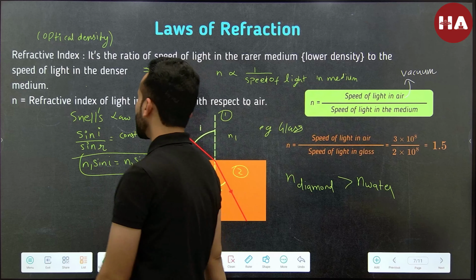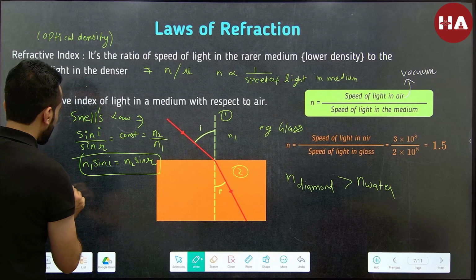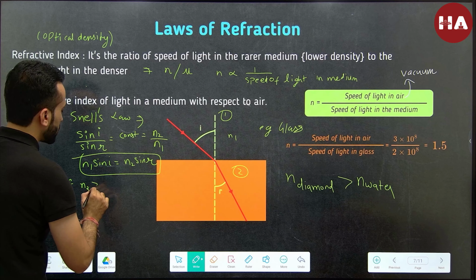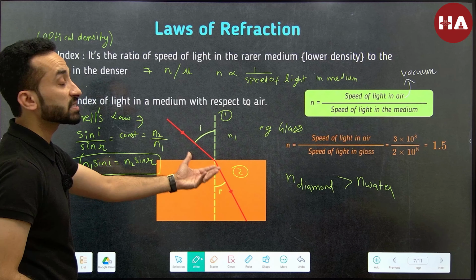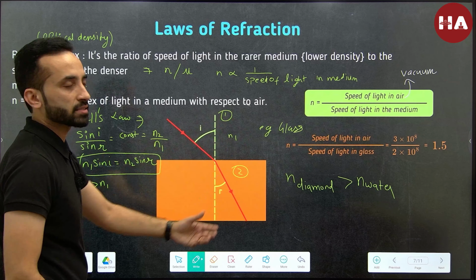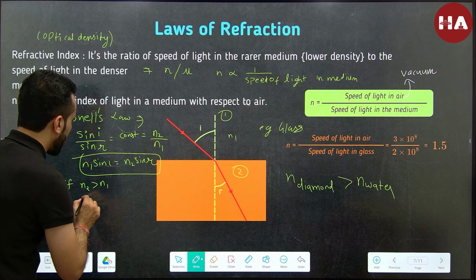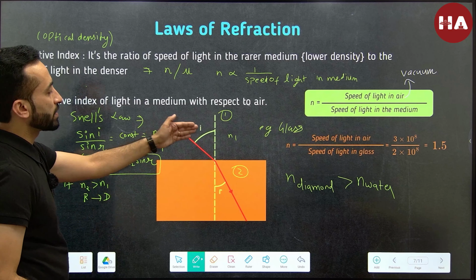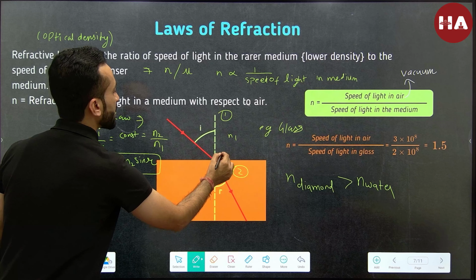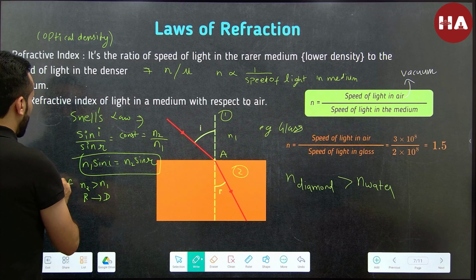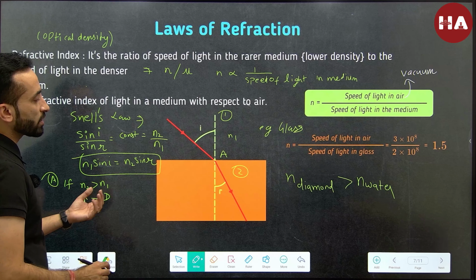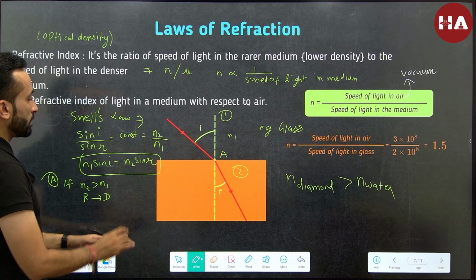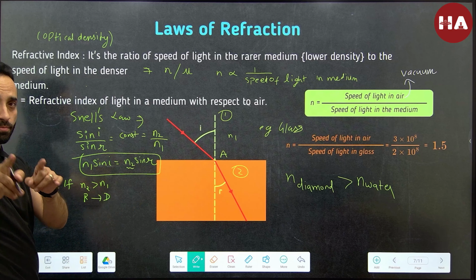That explains one thing, that if N2 is greater than N1, which is the case here because air to glass, right? So light is going from rarer to denser. You can consider this as point A, right? So if N2 is more, students, pay attention.